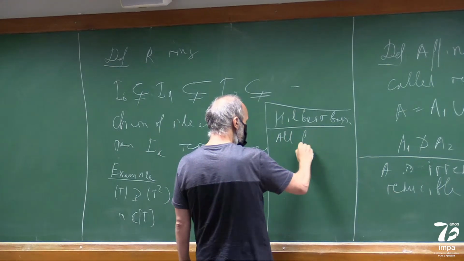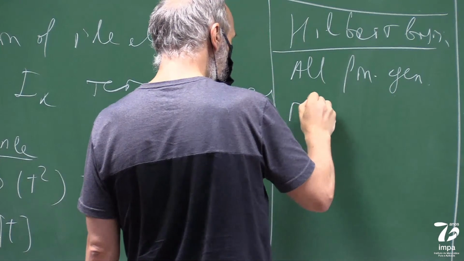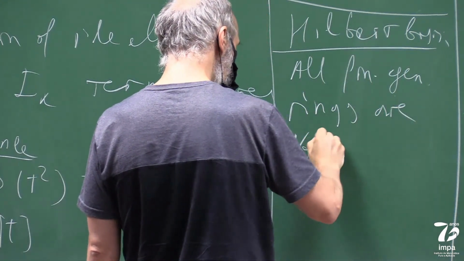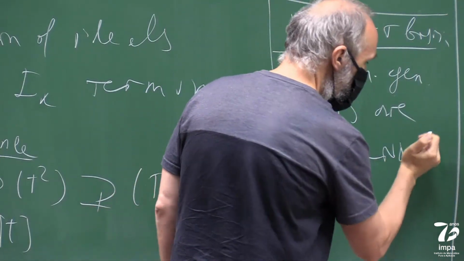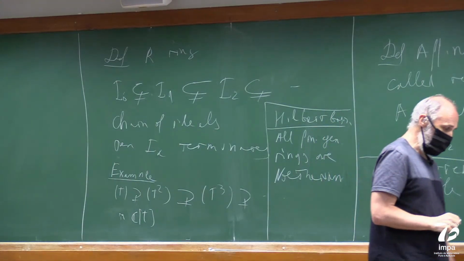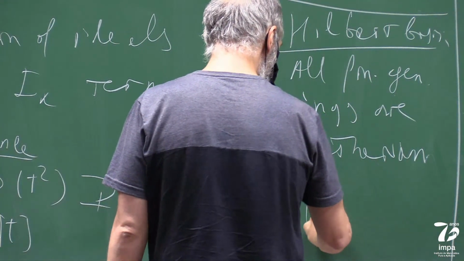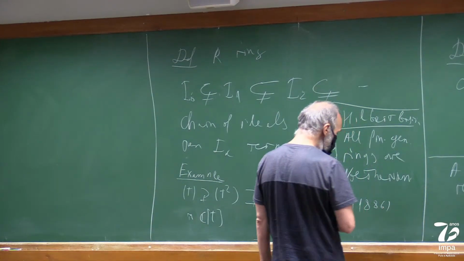All finitely generated rings. This is from the same paper of Hilbert which I showed you, mentioned last lecture. It's a paper from, I think, 1886 maybe, or 83.